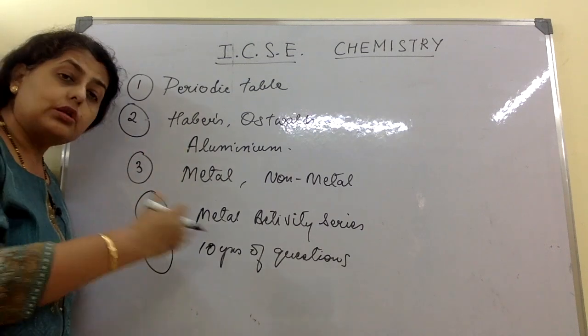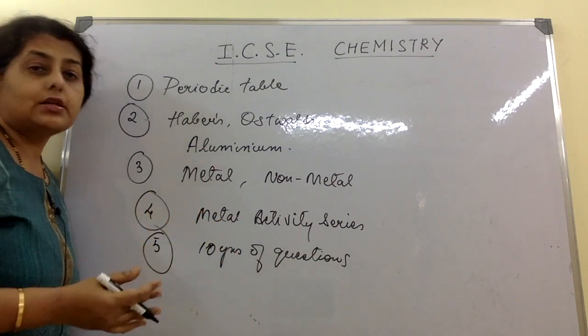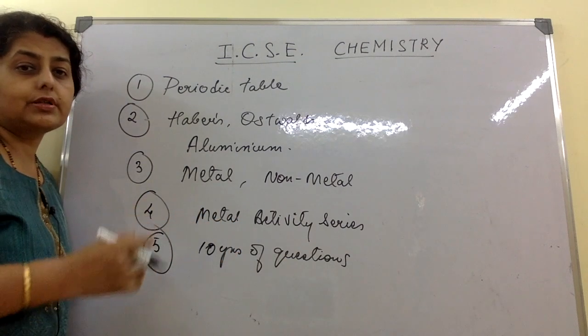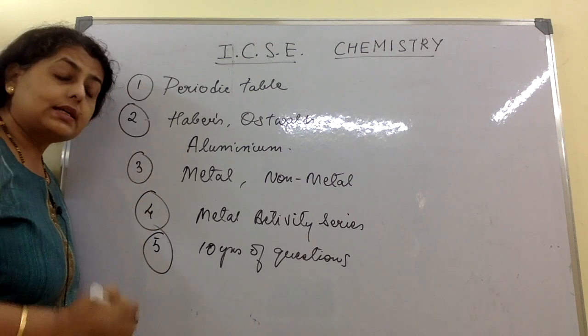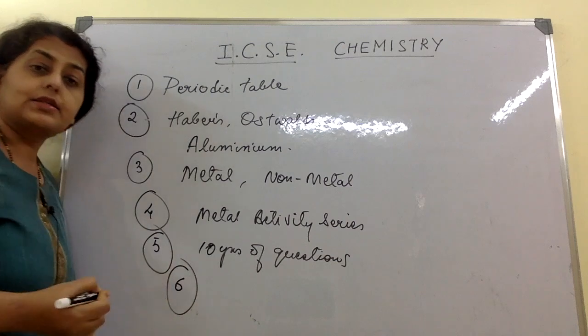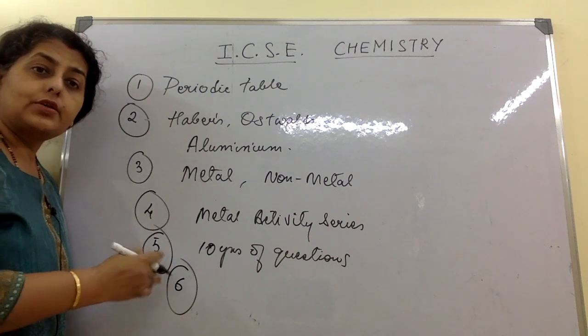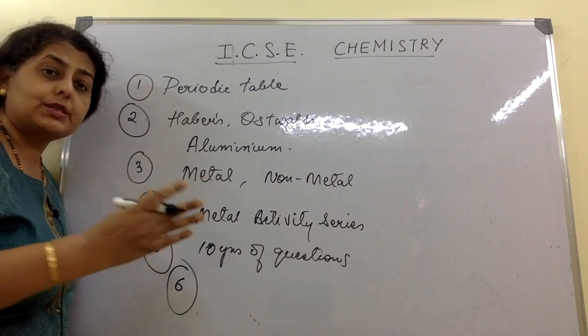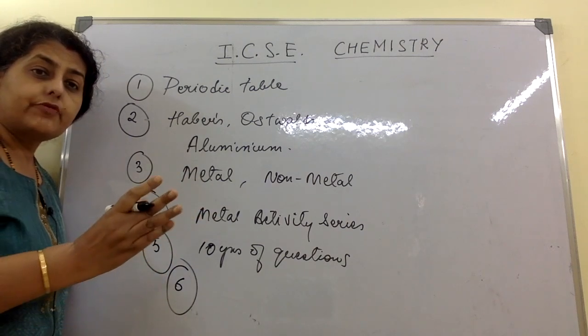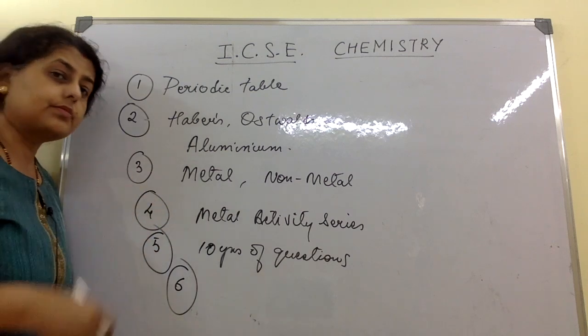If you are doing all those questions, you will find yourself much more confident in this subject. Now the sixth and most important thing is a sure shot method of getting good marks in chemistry. When you open the question paper, you don't know where what is coming from. Is it from sulfuric acid or from metallurgy?